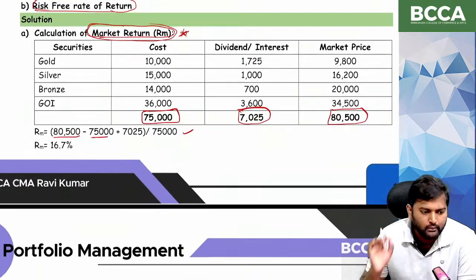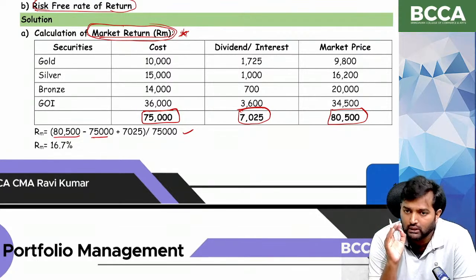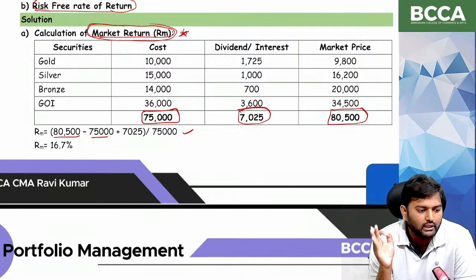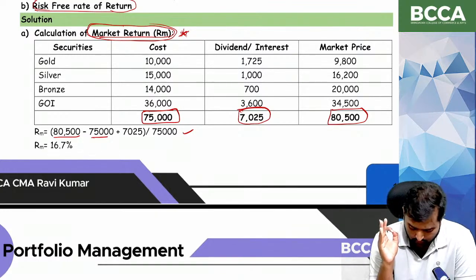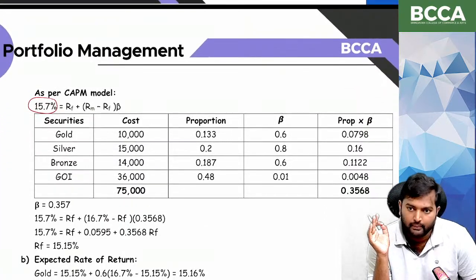Are you getting my point? 16.7% is actually a return of a portfolio, but we are assuming it as a market return. Okay.